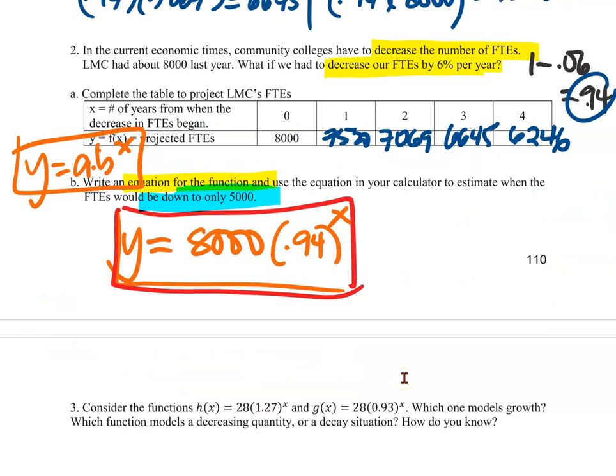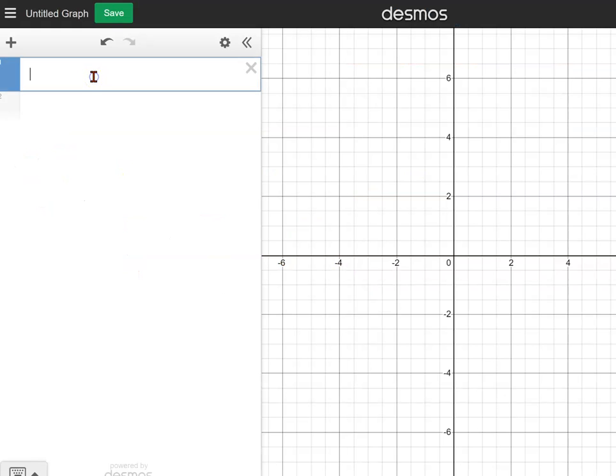Now let's use a calculator to estimate the FTEs. That would be down to only 5,000. So let's use Desmos. All we have to do is just type our equation here. Y equals 8,000 times 0.94 raised to x.